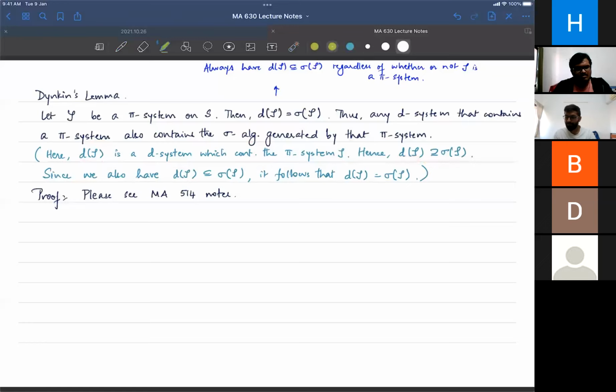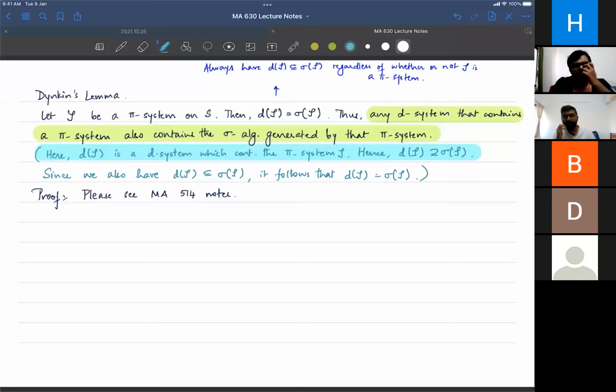Okay, so let me do the following. Somebody may ask me, I have that statement which is highlighted in green. Can you illustrate what that is saying here? The statement in green says that if you have a D system which contains a pi system, then the D system must contain the sigma algebra generated by the pi system. Now somebody's question is, okay, I read that thing in green.